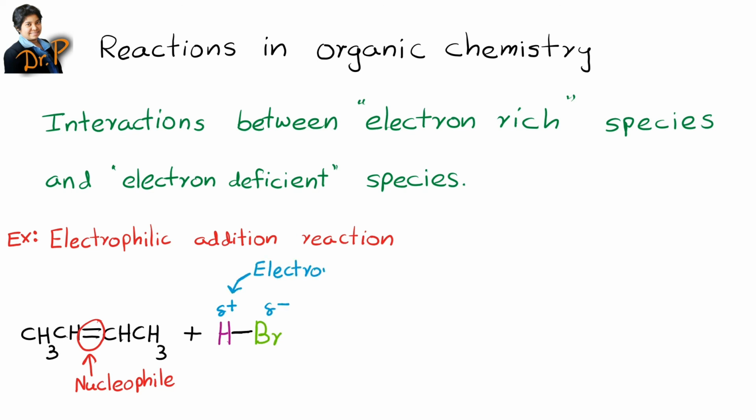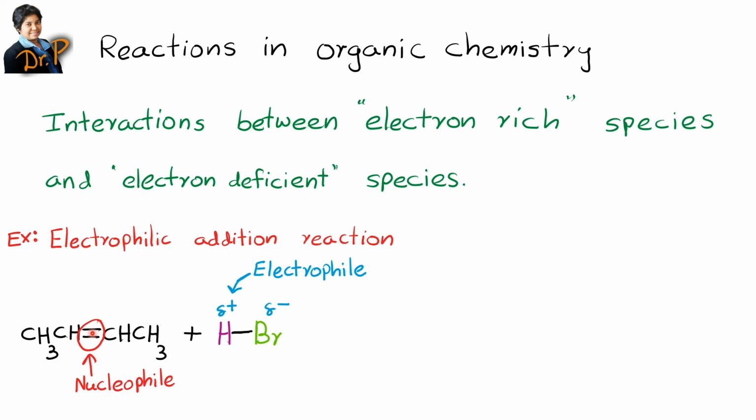From your general chemistry, you know that HBr can have this type of bond polarity due to the electronegativity differences. Now this is your electrophile. This electrophile and this nucleophile are attracted towards each other.